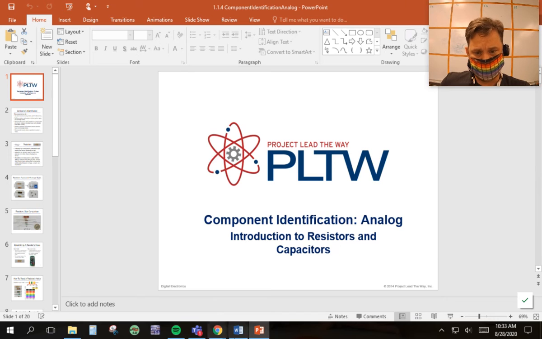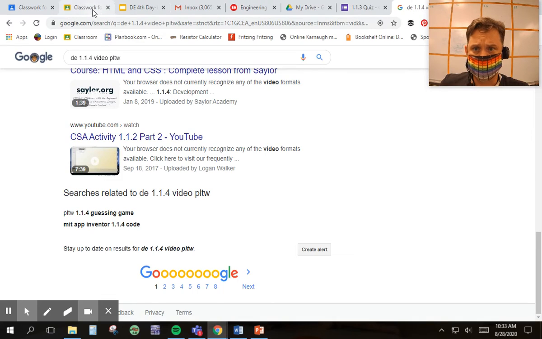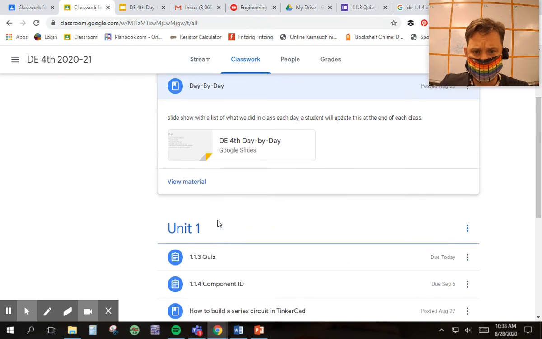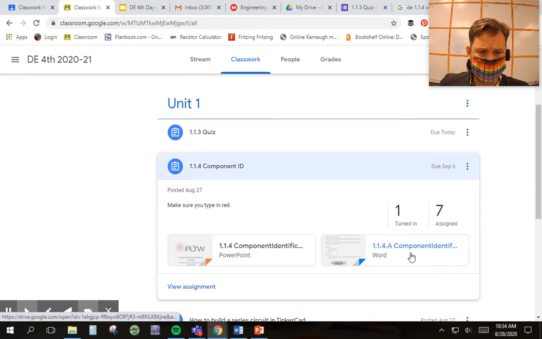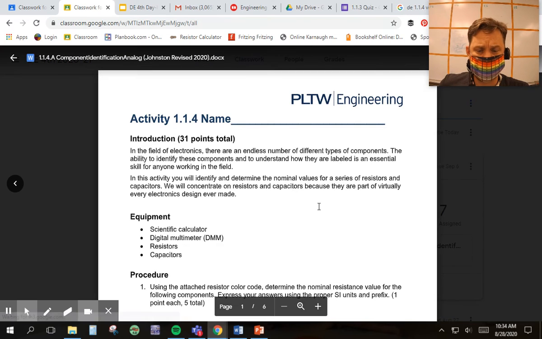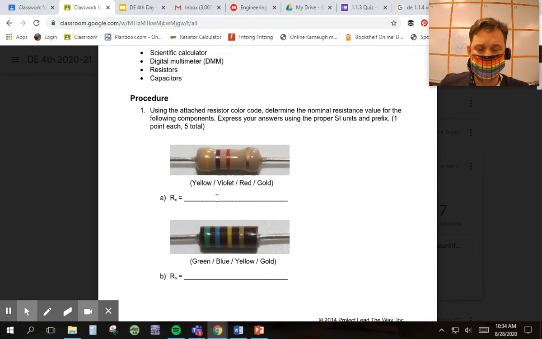Your assignment is on Google Classroom. Let's open that up real quick. So you go here, and we're going to go to Component ID. You've got to complete this assignment. Here it is. Yes, you have to do the conclusion questions always. You're going to make sure you type in red. Okay, now here's the example.